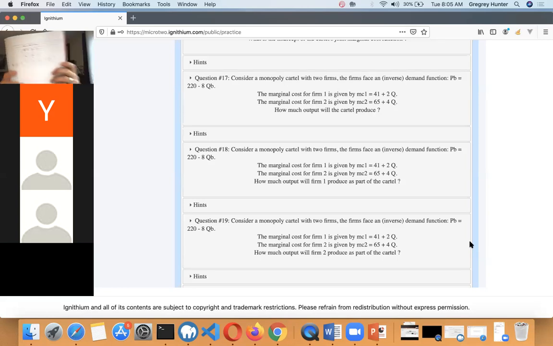Right. And so you can add the, remember, MC1 and MC2 are just MC, right? So you can put them over a common denominator and add them together, right?